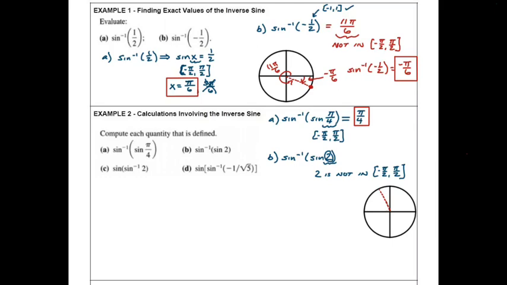But I can find an angle that is in quadrant 1 that has the same sine value. So how would I do that? Again, that angle is 2, but I want to be between negative pi over 2 and pi over 2. If I draw an angle in quadrant 1, those should have the same sine value, meaning they're the same distance up the unit circle.